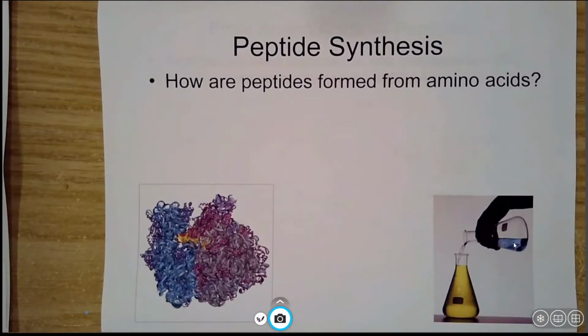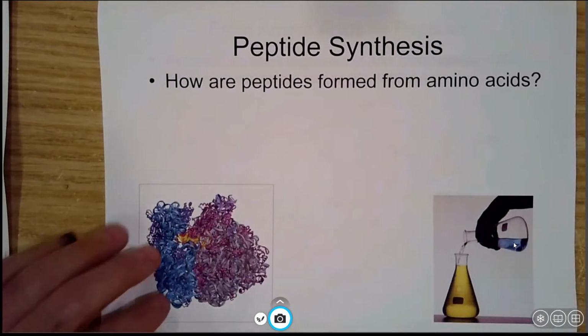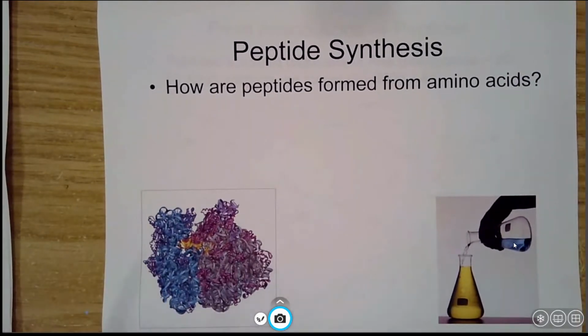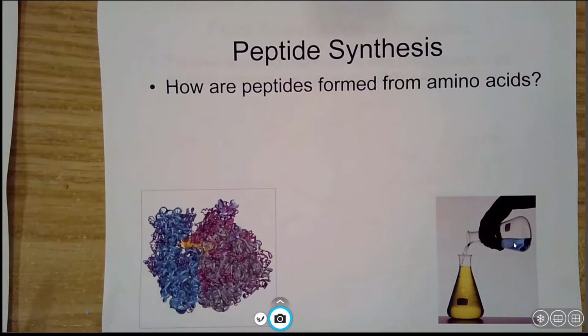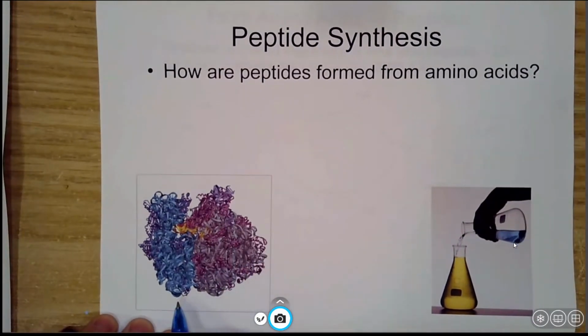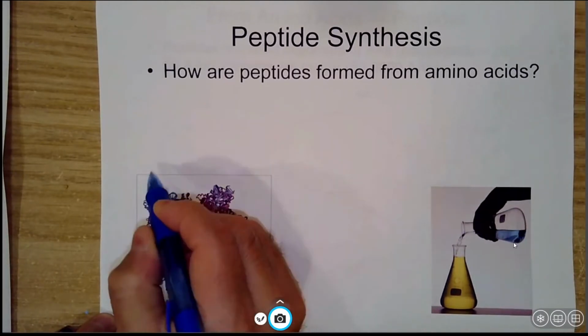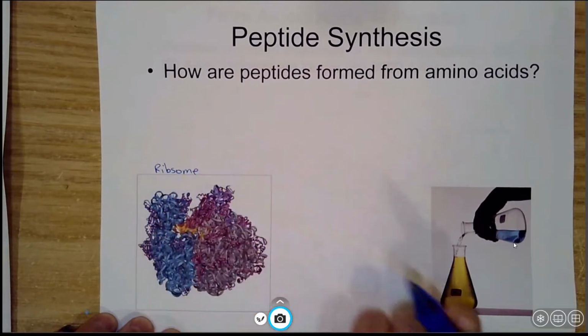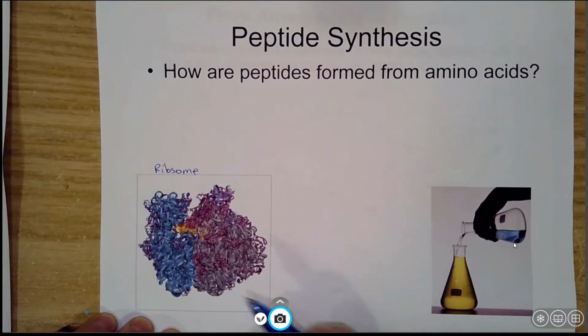Before we talk about how peptides are formed, here's a slide showing a macromolecular complex, which is what we have in our bodies. This is the macromolecular complex called the ribosome. The ribosome, as you know, is comprised of RNA.